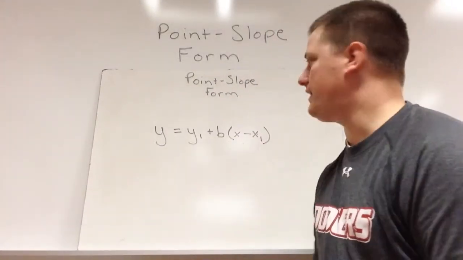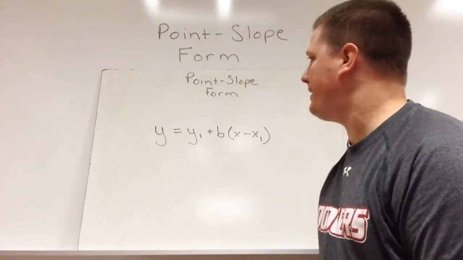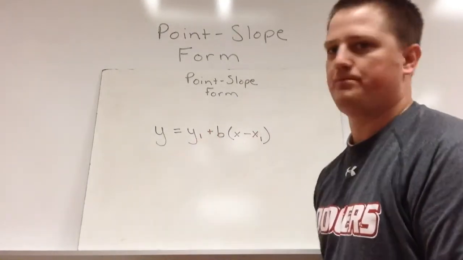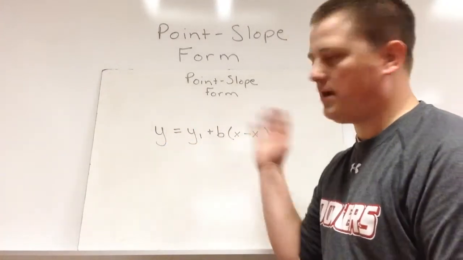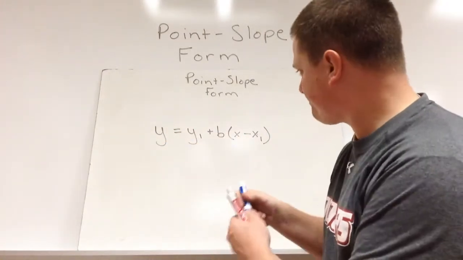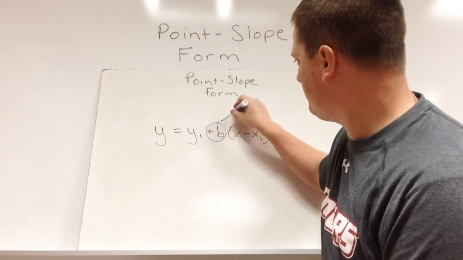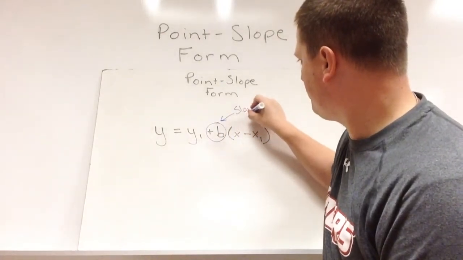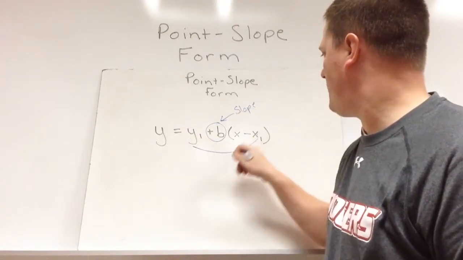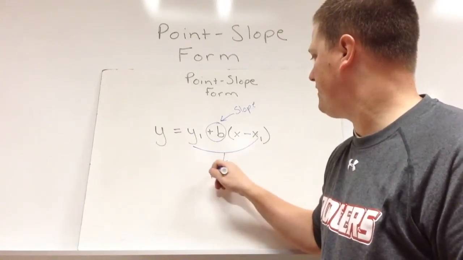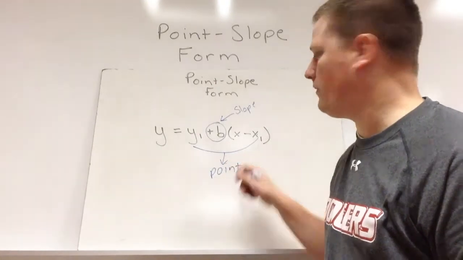The next thing we want to take a look at is just the basics: what is point-slope form? Our x and our y here are just our typical x and y. This b is our slope, and this y1 and x1 here are any point on the line.